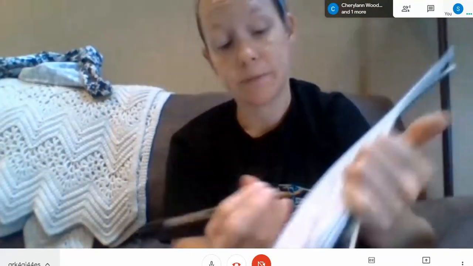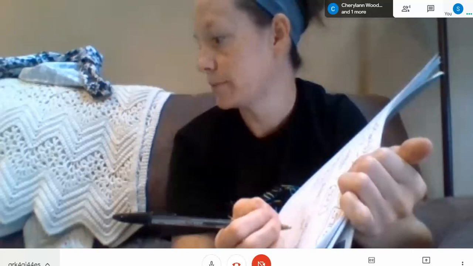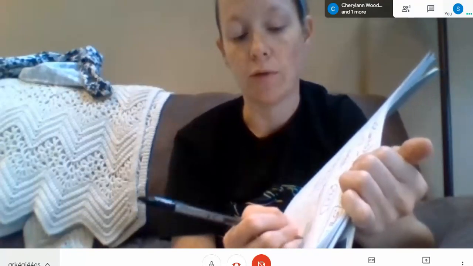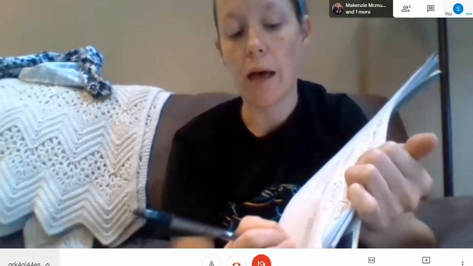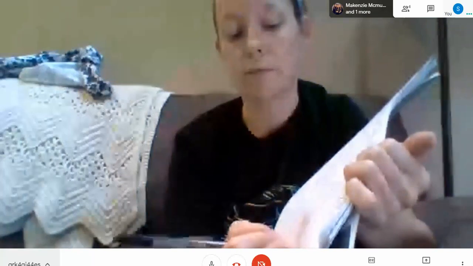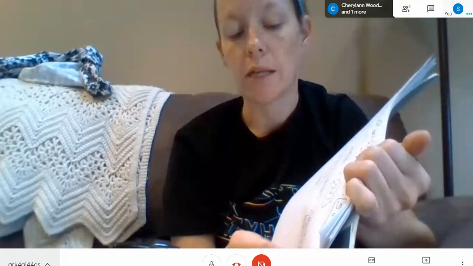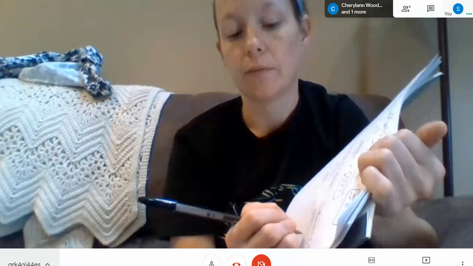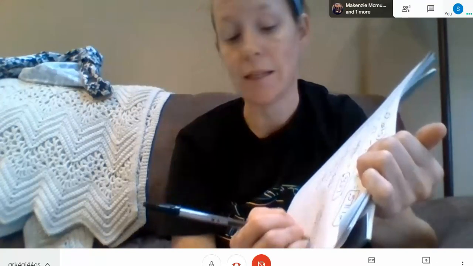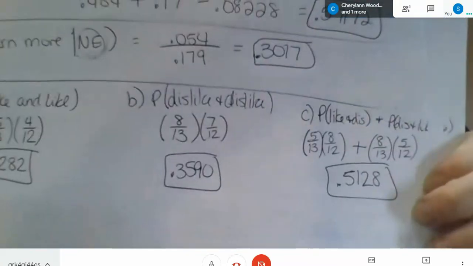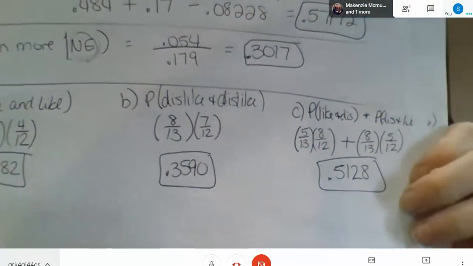The probability of liking the first one is 5 out of 13. If I liked the first one, the probability that I dislike the second one is 8 out of 12. Or, so plus, disliking the first one, 8 out of 13, and the probability of liking the second one, 5 out of 12. So you calculate those and add them together.